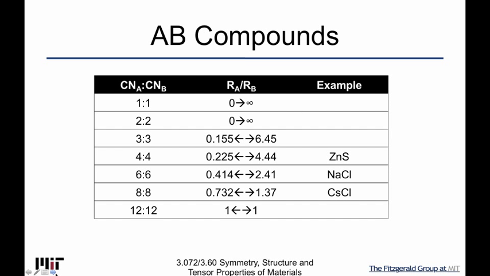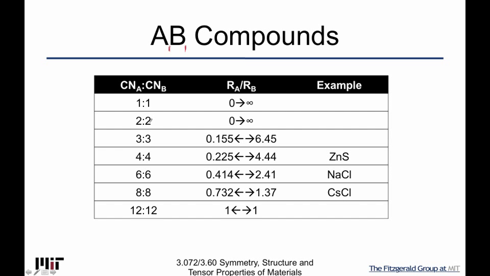So now let's apply that to some examples. AB compounds. So remember, the key thing here is that this has a 1 and this has a 1. Actually, let me change the color. It's implied because we don't write it, but it's one. They have to be. So CNA to CNB is 1 to 1.